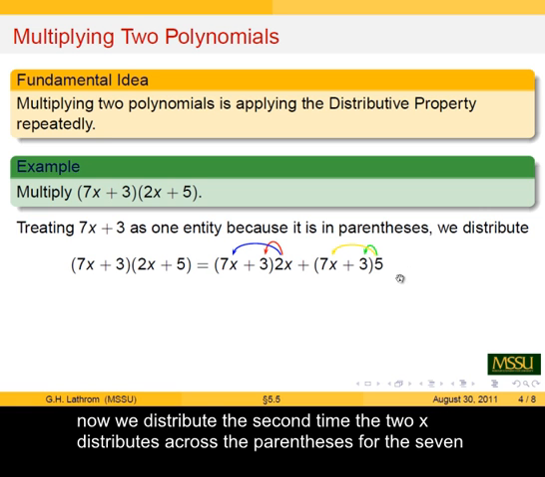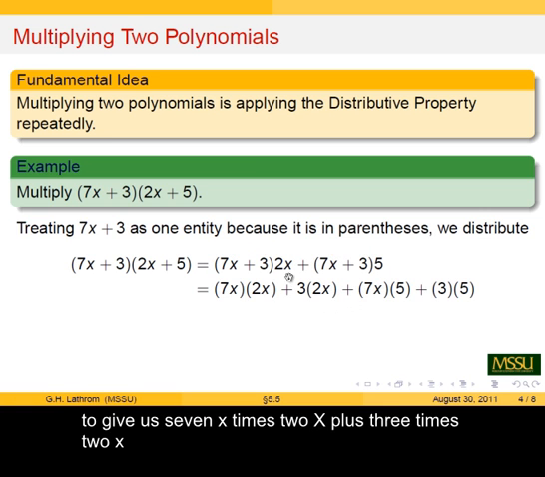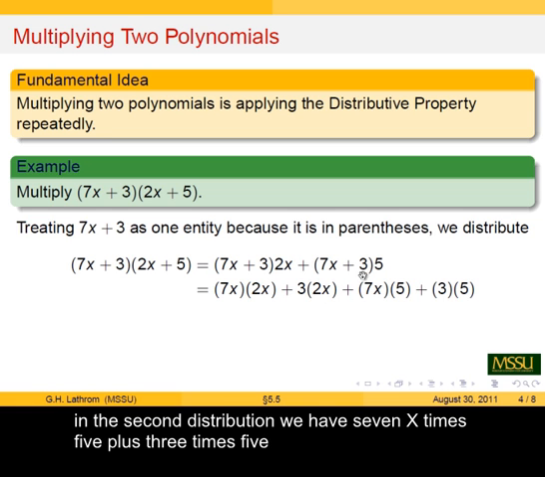Now we distribute a second time. The 2x distributes across the parentheses for the 7x plus 3. The 5 distributes across the parentheses for the 7x plus 3 to give us 7x times 2x plus 3 times 2x. In the second distribution, we have 7x times 5 plus 3 times 5.